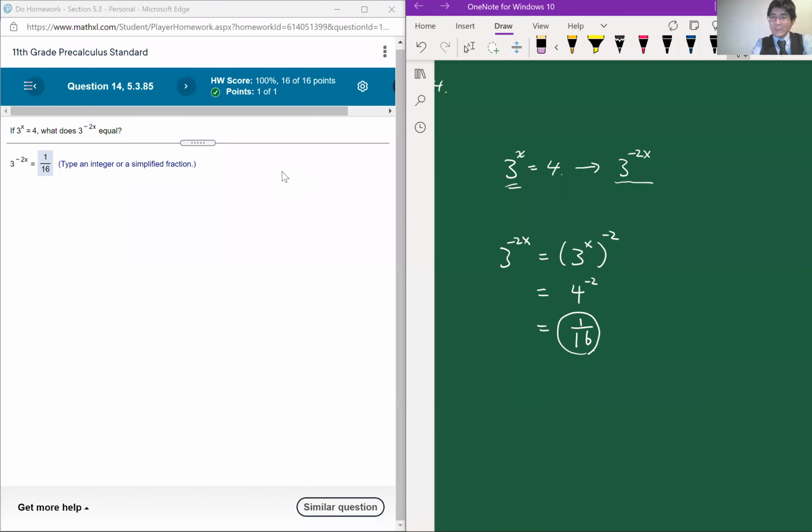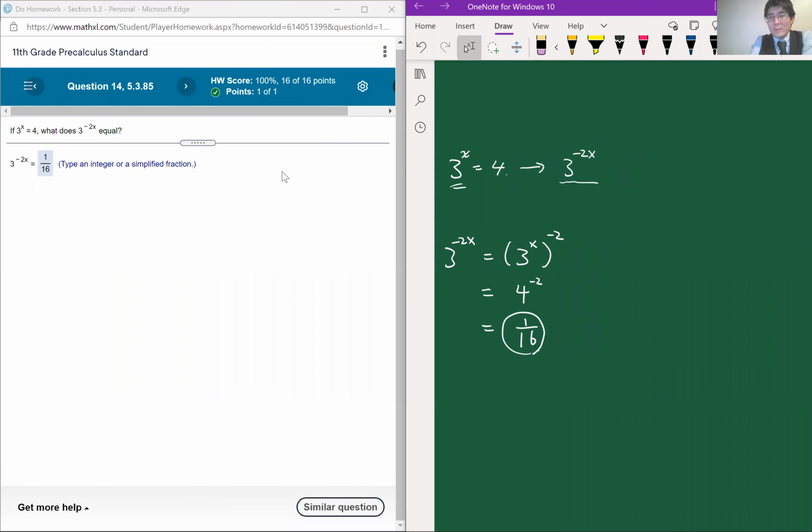Now, if you have learned the log, then you can find x as well. So 3 to the power of x is equal to 4 indicates x is equal to log base 3 of 4.